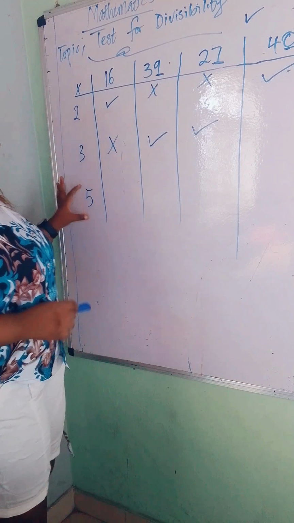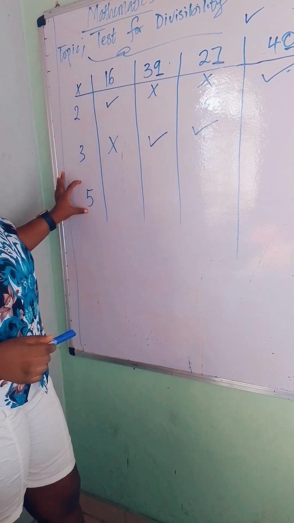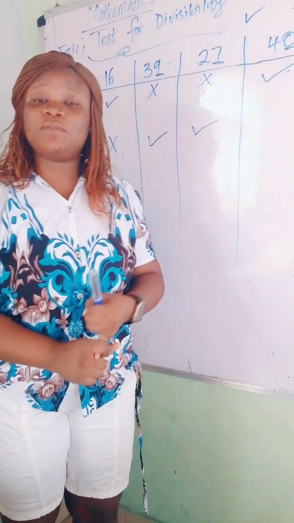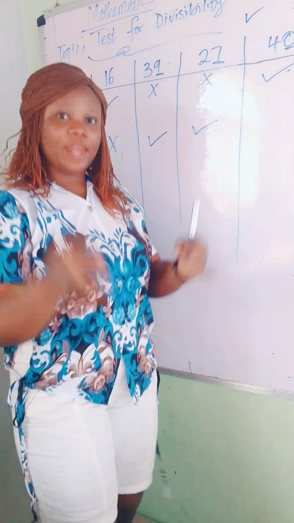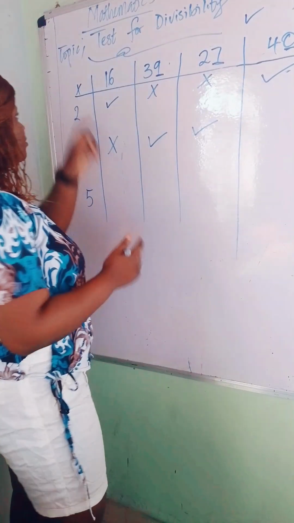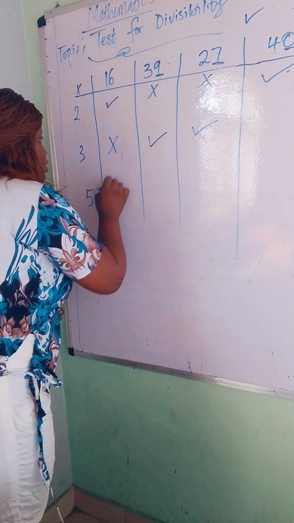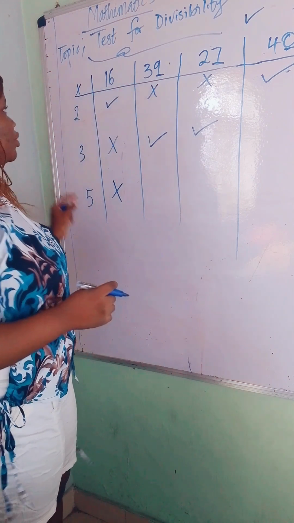Let's go to divisibility of 5. Can 16 be divisible by 5? We said numbers that can be divisible by 5 are numbers that end with 0 or 5. So 16, does it end with 0 or 5? No. So we cross it out. 39, does 39 end with 0 or 5?